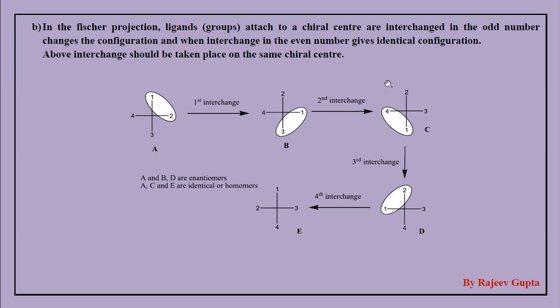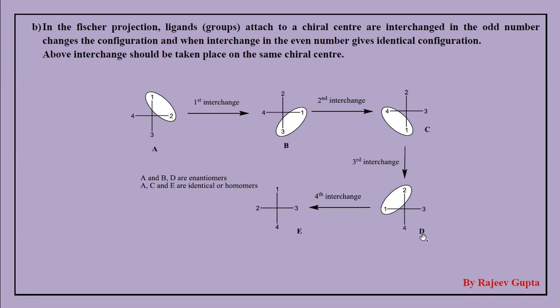If we go directly A to C, then it is an even number change. So A and C are identical, meaning no change in configuration.